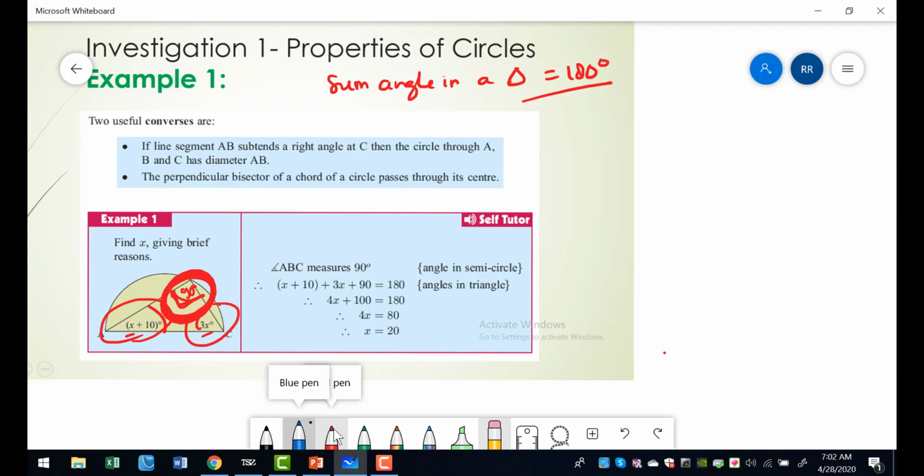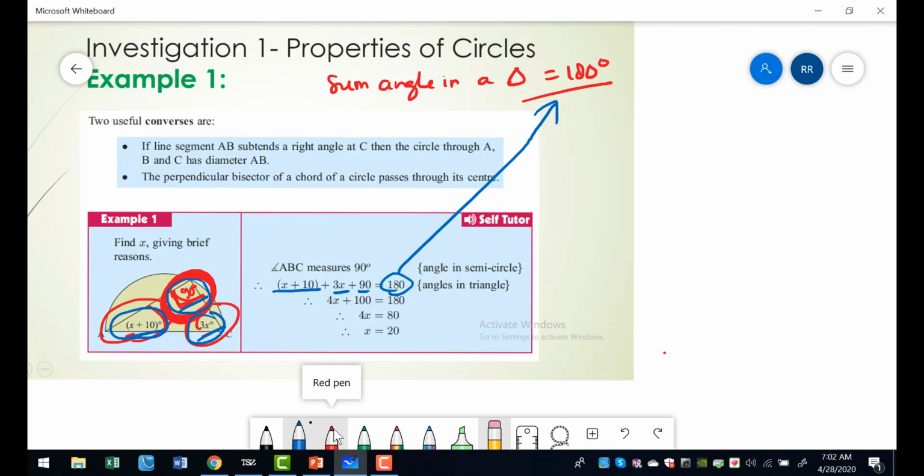To find the value of x, you need to write it in algebraic form. You only need to add this one here and this one here. So you write x plus 10 plus 3x plus 90 equals 180, because we know that the sum of the angles will always be 180 degrees.